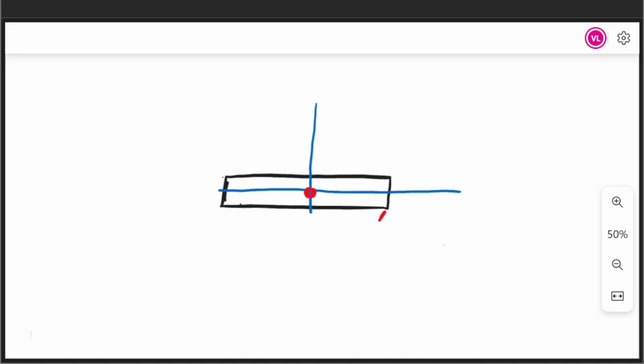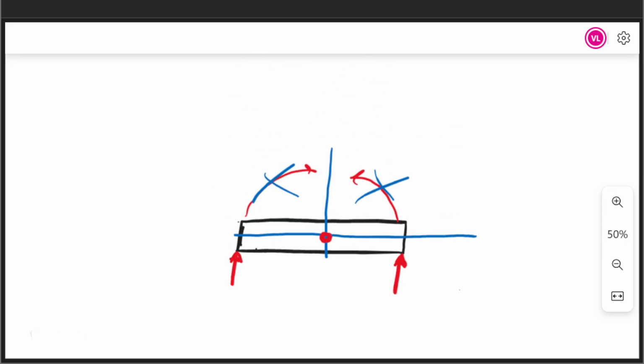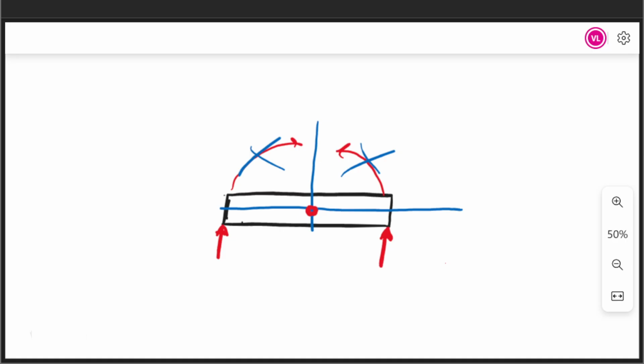If you were to apply a force here and here, the rotations caused by them, if those forces are equal and opposite in the amount of force and also in the distance from the center of gravity, would cancel out. So then your object would just move up and down. But again, if you could do the exact same thing by applying a force in the center, then you would just do that. It's the simplest thing to do.